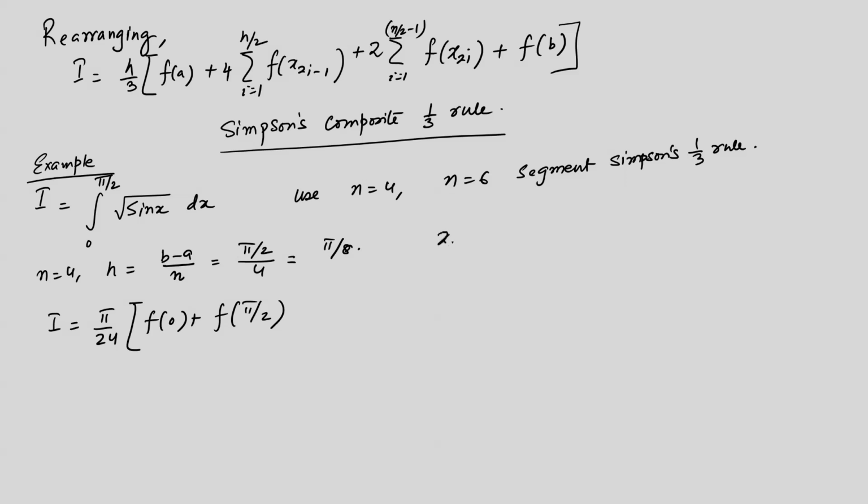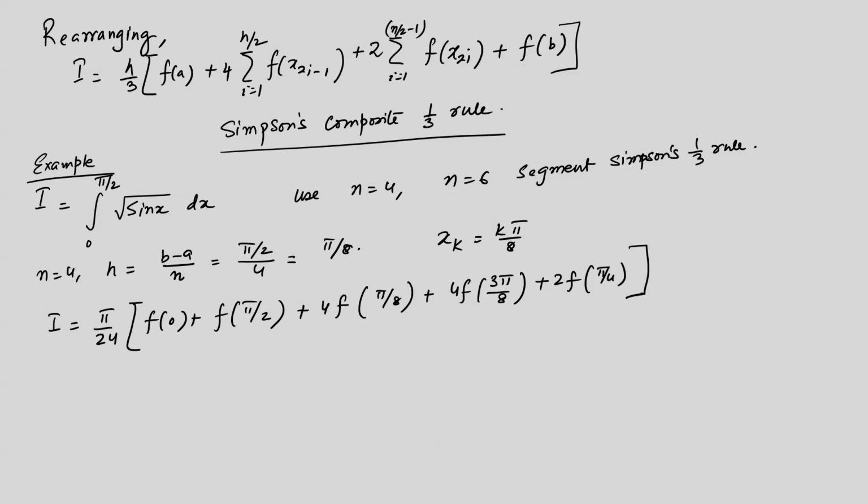So, x k equals k pi over 8. So, it is 4 f of pi by 8 plus 4 f of 3 pi by 8 plus 2 f of pi over 4 and so on.